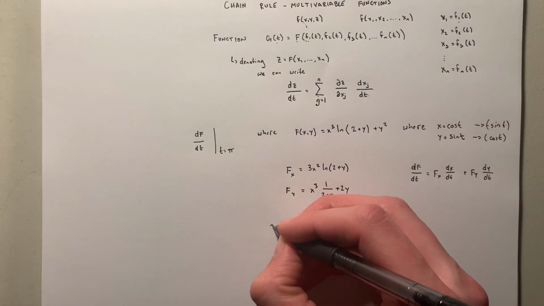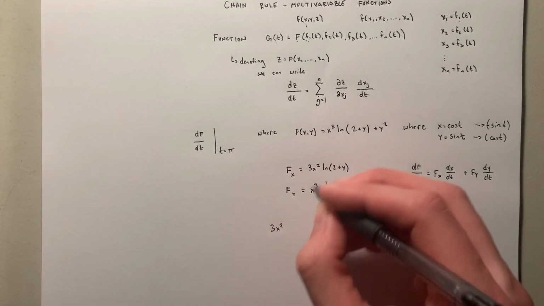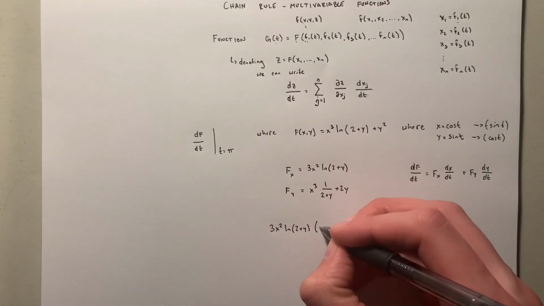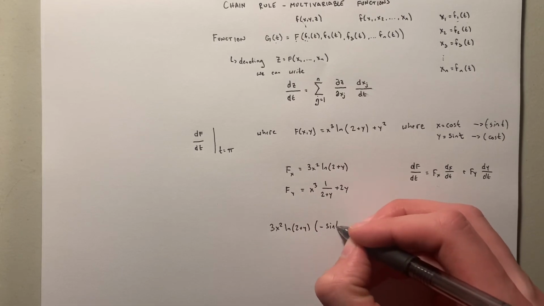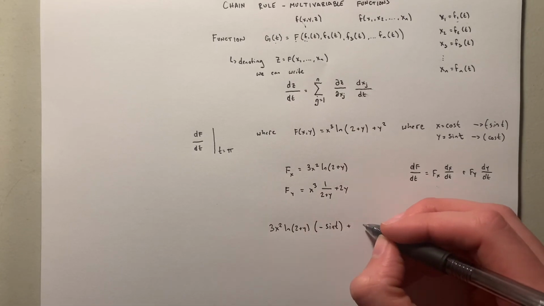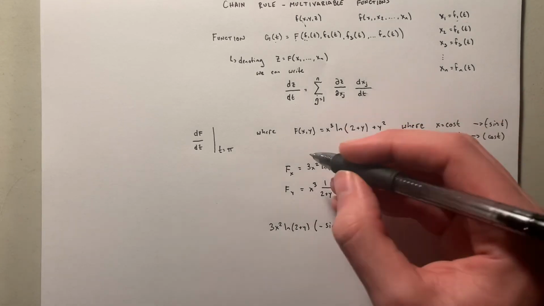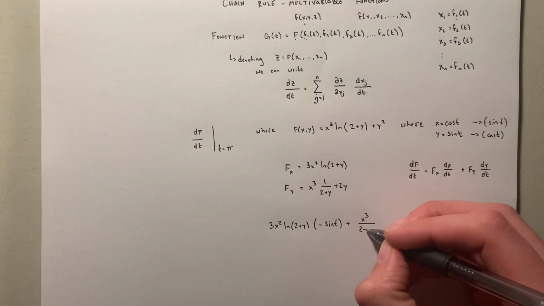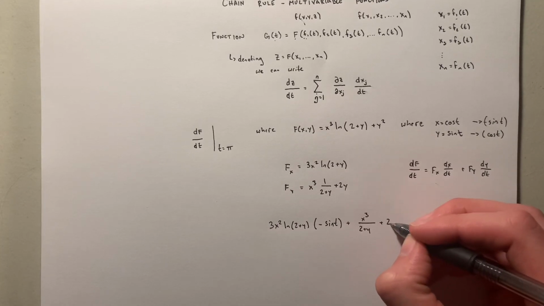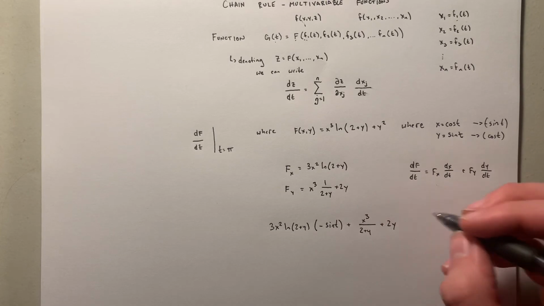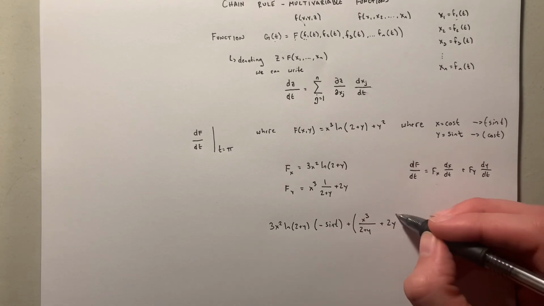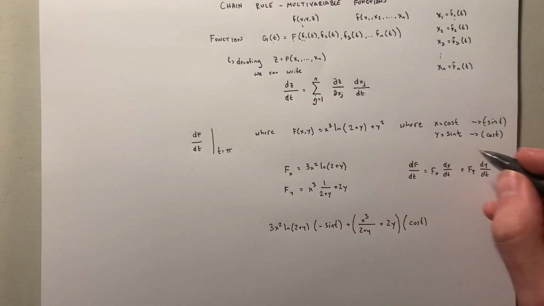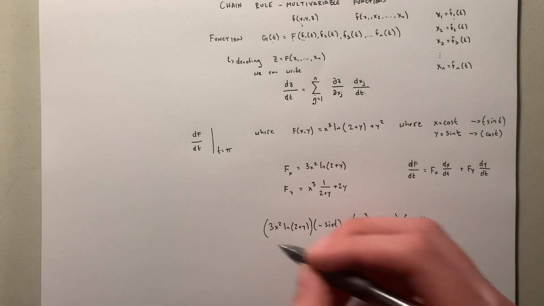We just write down the first partial derivative, 3x squared ln 2 plus y, multiply the whole thing by negative sine of t, plus, and then we'd use the partial derivative with respect to y. So I'm just going to multiply it in here: x cubed over 2 plus y, plus 2y. And this part here is all together, multiplied by the cosine of t, the derivative of y with respect to t, and this part's all together too.